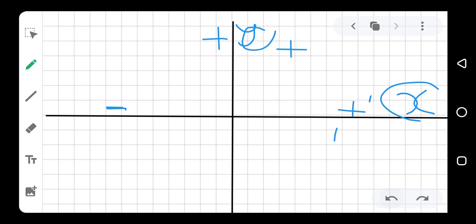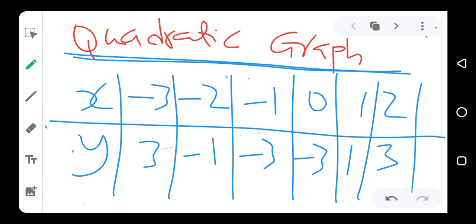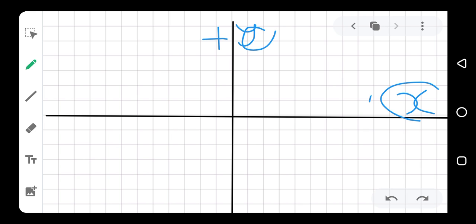Now with that, let's plot what we have in the table. In the table we have -3 and 3, x -3 and y 3. Now let's number our values. They say we should choose 2 cm to represent 1 unit.